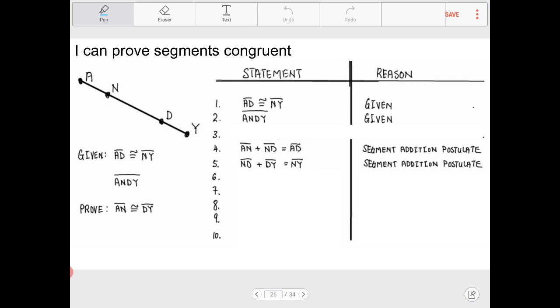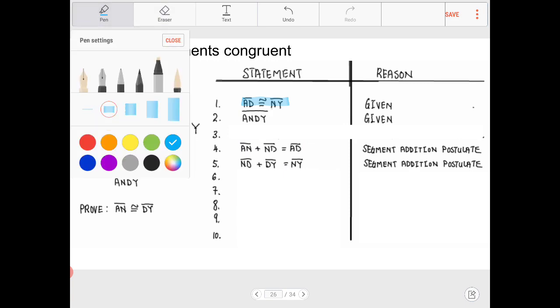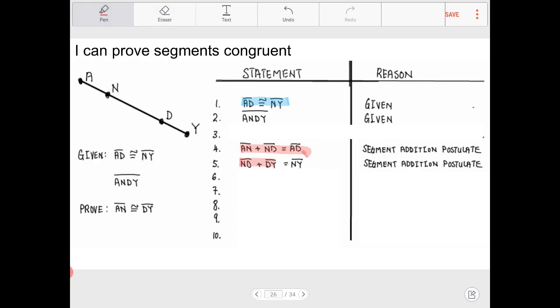The next logical conclusion is to link line 1 and lines 4 and 5 together. You can think of lines 4 and 5 being thrown into line 1. So I can say AN plus ND is equal to ND plus DY, and this is because of, again, substitution. I am substituting lines 4 and 5 into line 1.